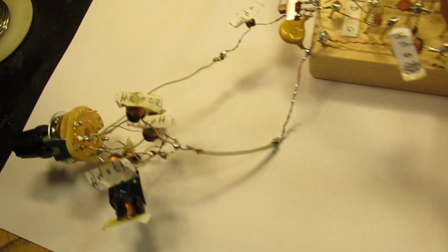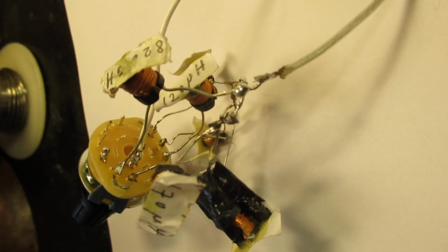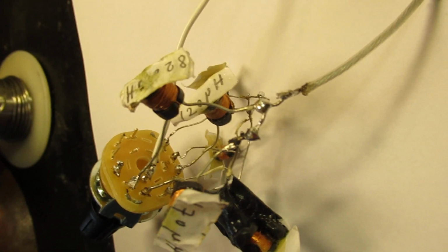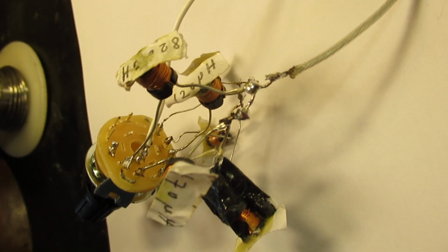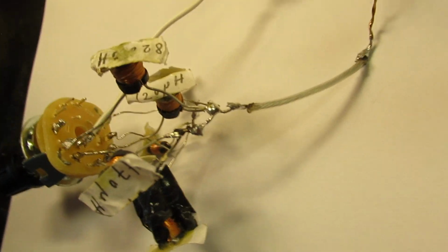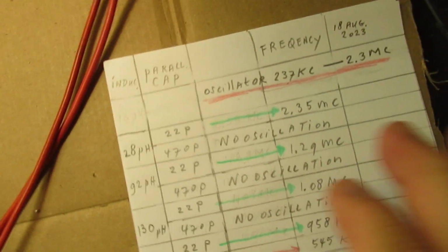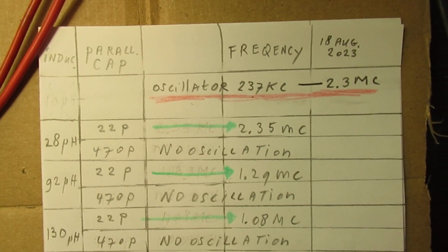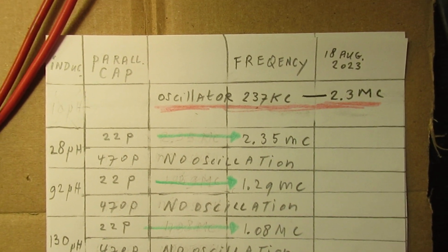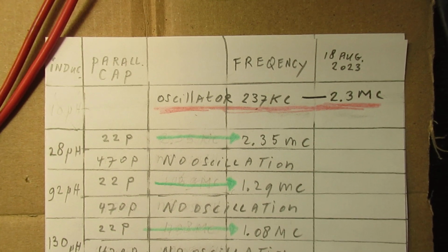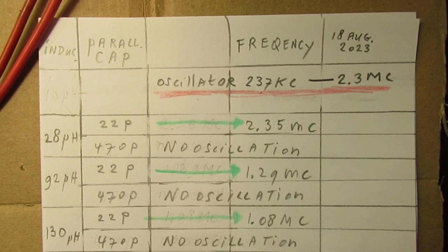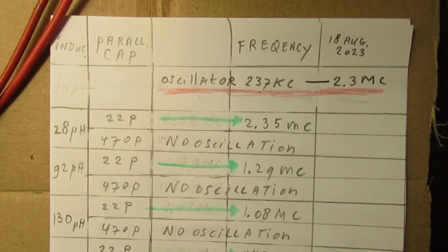And here I've connected all kinds of microhenry coils to look at the frequency that can be reached. And it reaches now between 237 kilocycles up to 2.3 megacycles.